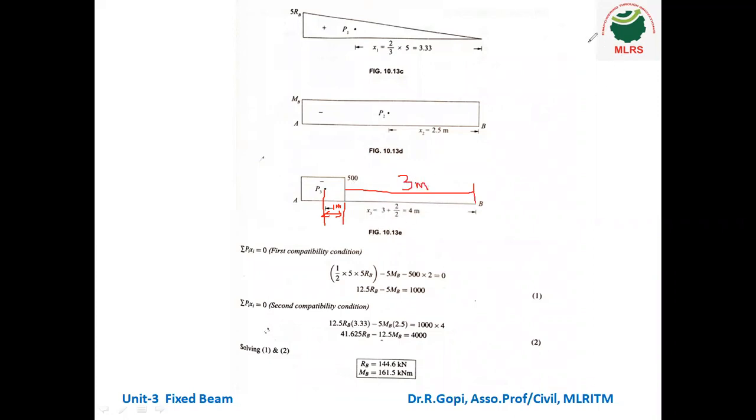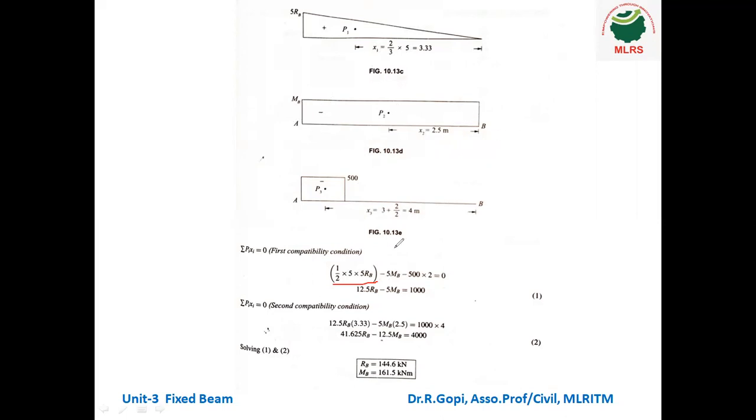Okay. So next, as usual, first compatibility equation. So what is the first diagram area? Half into B into H. Here half and B is 5 meter and H is 5 RB. Next, minus 5 MB. Okay, that means corresponding length and height.